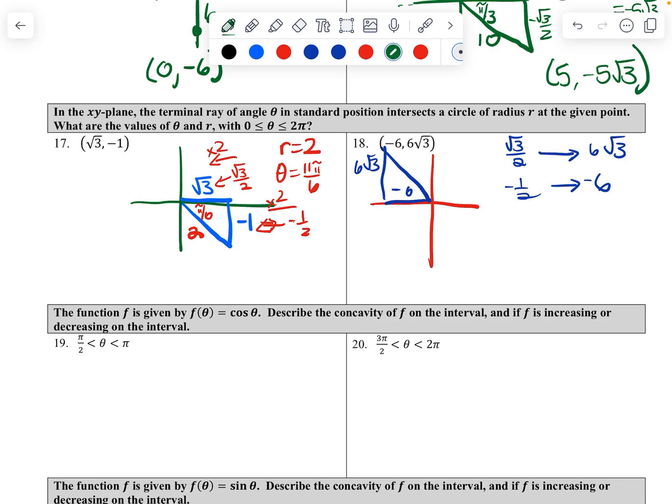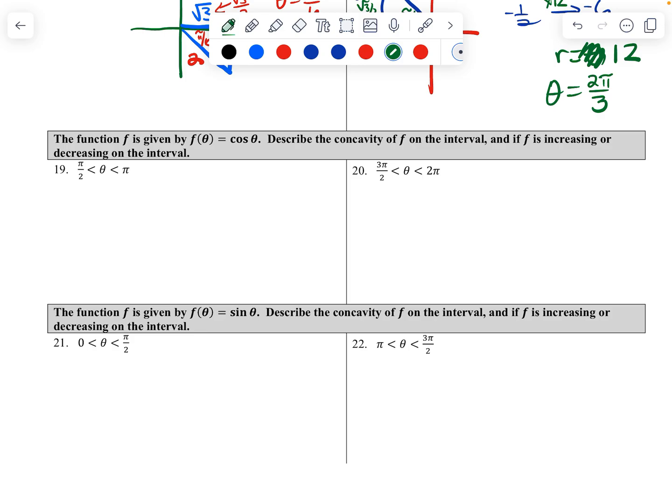Well, to me, that looks like we multiplied by 12. So our radius is equal to 12. And let's see, this is root 3 over 2. This means this is pi over 3. So how many pi over 3's to get there? That's 2. So theta equals 2 pi over 3. Sorry, this should be our radius is 12.